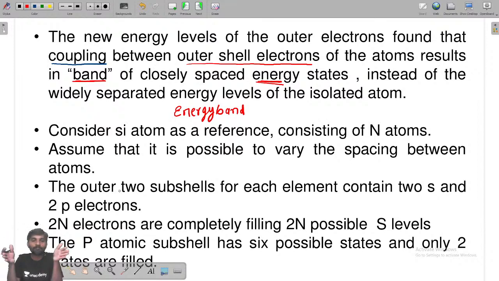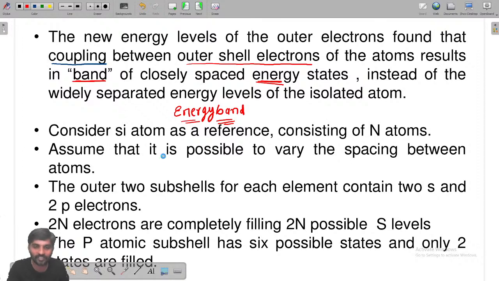The closely spaced energy states are called energy bands. This is very important. This is what an energy band is. The energy band is formed by coupling between the outer shells of the electrons.